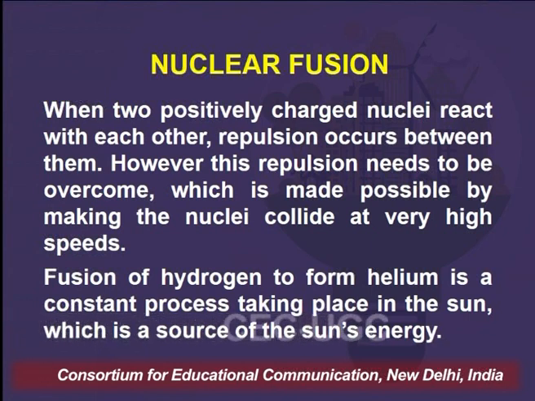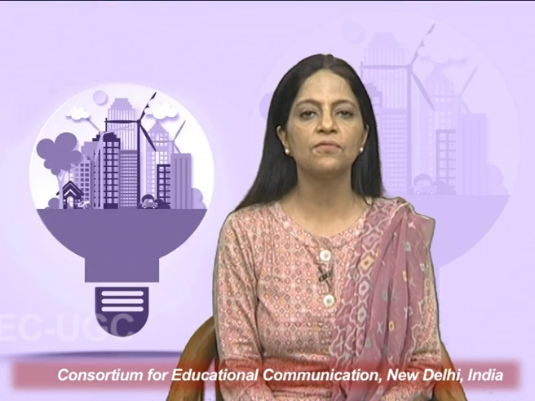The fusion of hydrogen to form helium is a constant process taking place in the sun, which is the source of the sun's energy. As we all know, the source of the sun's energy is the nuclear fusion reaction.